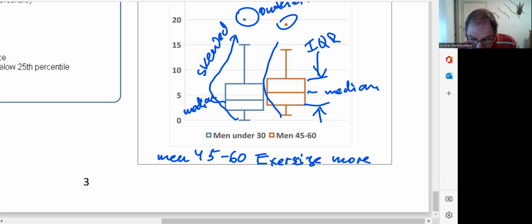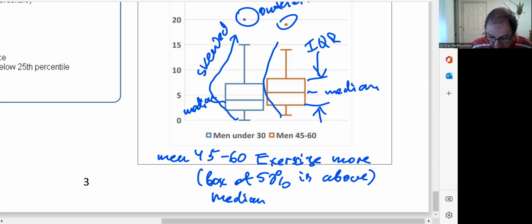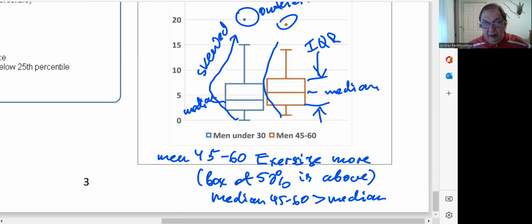Because the box of 50% is slightly above. And the median for 45 to 60 is above the median under 30.